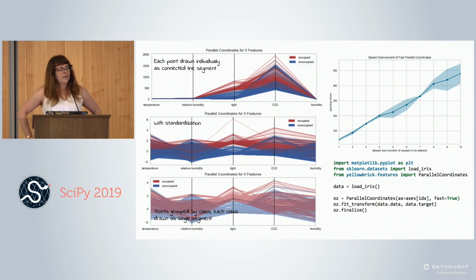So here what we're looking at is a parallel coordinates plot. Parallel coordinates are useful for seeing if there are features in your data that are helping it be differentiable into categories. The red and the blue correspond to two classes for a classification problem.